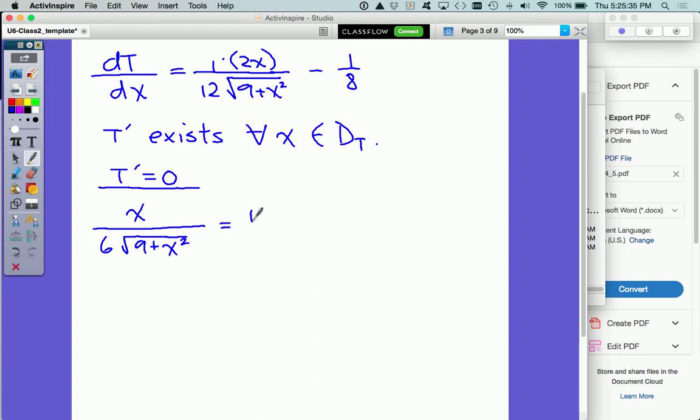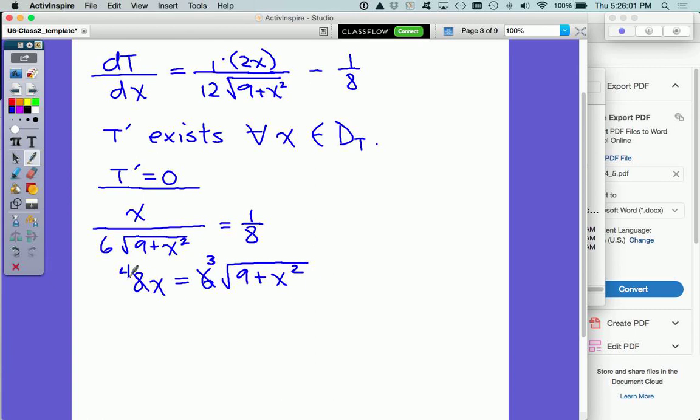So that's going to now equal 1 over 8. So if I cross multiply here, I'm going to get 8x equals 6 times the square root of 9 plus x squared. I can divide both of these by 2, and that's going to make this a 3. That's going to make this a 4.